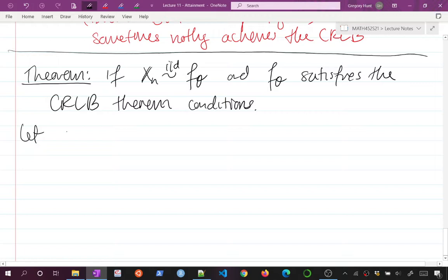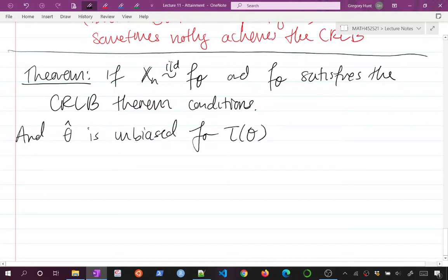And we have theta hat, let me just say this in good English, and theta hat is unbiased for some function of our parameter we want to estimate.